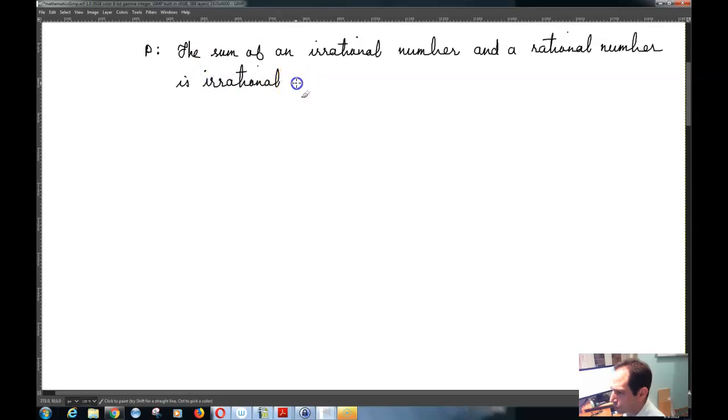And you want to check the validity of this statement using the method of contradiction.